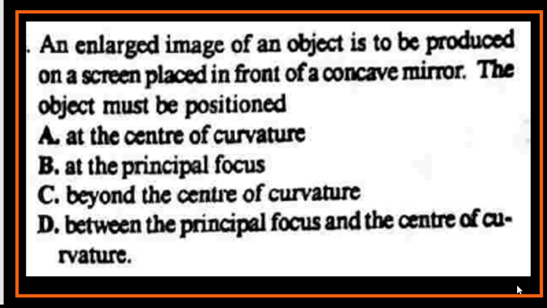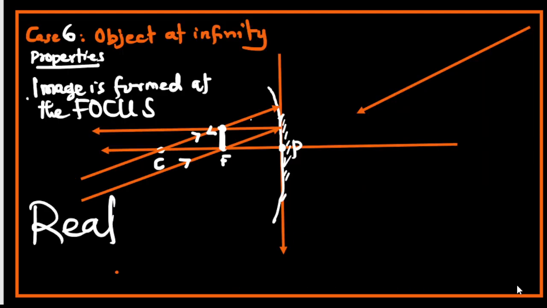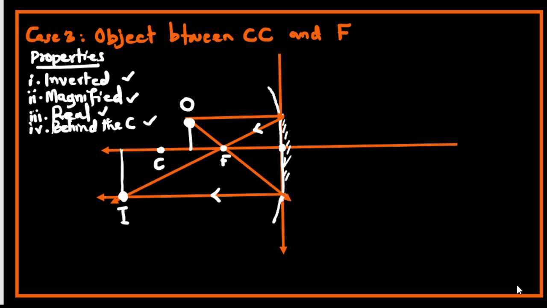Case 2 was the object on the center of curvature. My case 3 was the object positioned between the center of curvature and the focus, which implies that the image will be magnified, real, inverted, and formed behind the center of curvature. So let me navigate to the ray diagrams that explain that. That was case 3, this particular case.